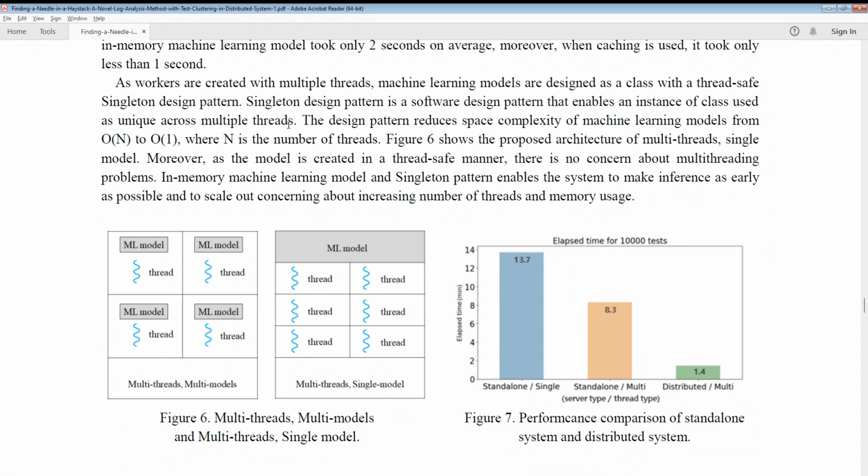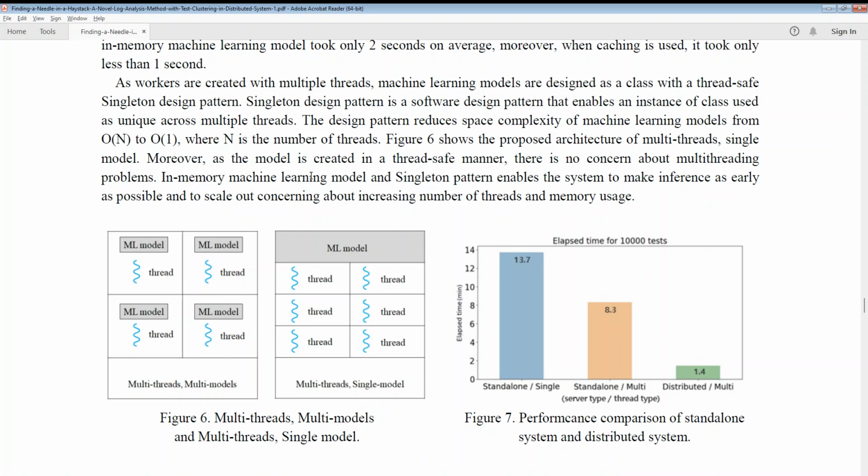The design pattern reduces the space complexity of the machine learning models from order n to order 1, where n is the number of threads. Figure 6 shows the proposed architecture of multi-thread single model. Moreover, as the model is created in a thread-safe manner, there is no concern about multi-threading problems.